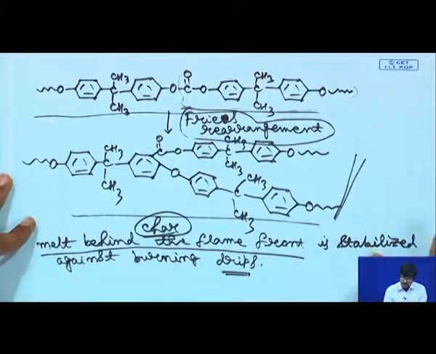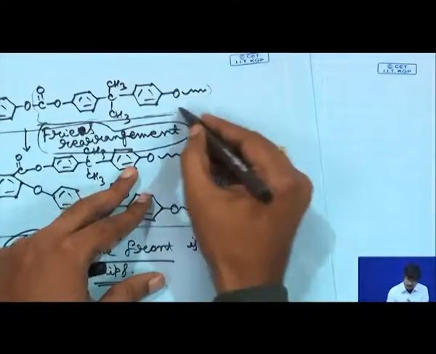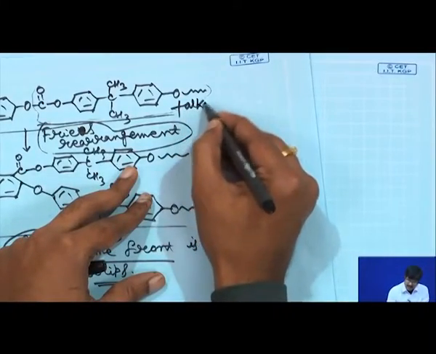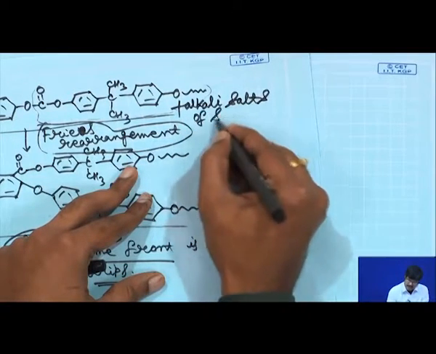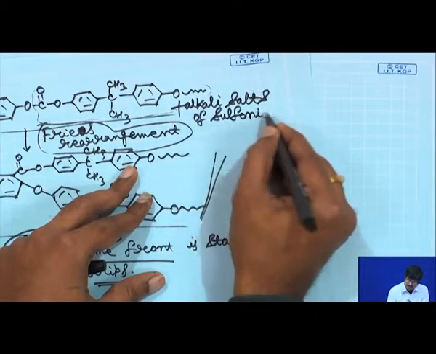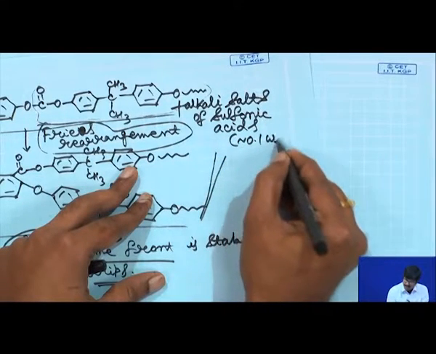So, what typically is done is that to this material you add some specific alkali salts of sulfonic acids, typically around 0.18%.